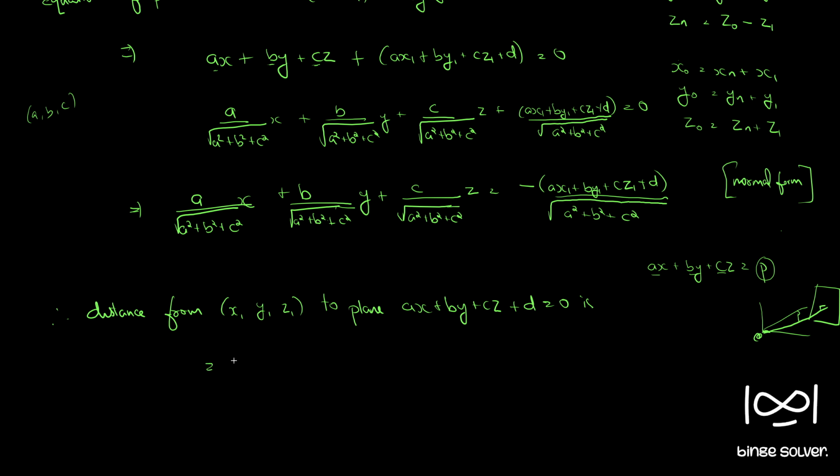Since we have this, it has to be plus or minus ax1 plus by1 plus cz1 plus d over the square root of a squared plus b squared plus c squared. This distance will always be positive, so take this term as the distance.